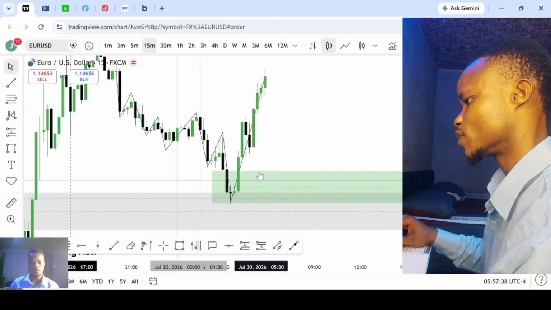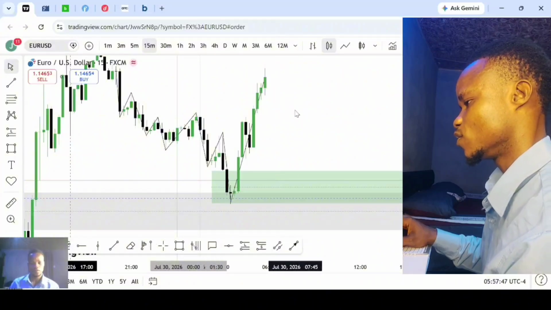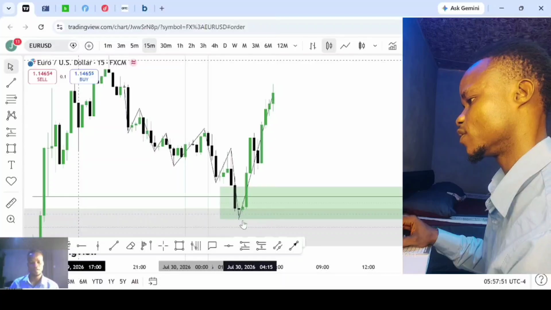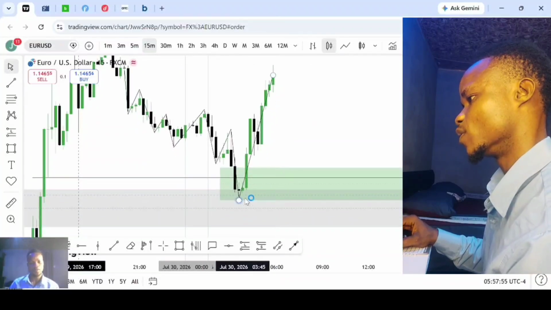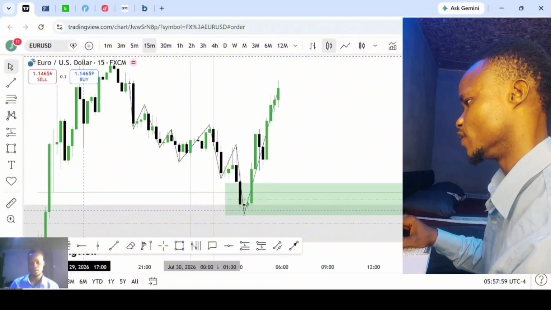So from this green box, I have my 62%. I'm not expecting price to still go to this extent. It's very possible that price will still come to that point, but that's where I'm going to put my stop loss. So that's the entry for EUR/USD.